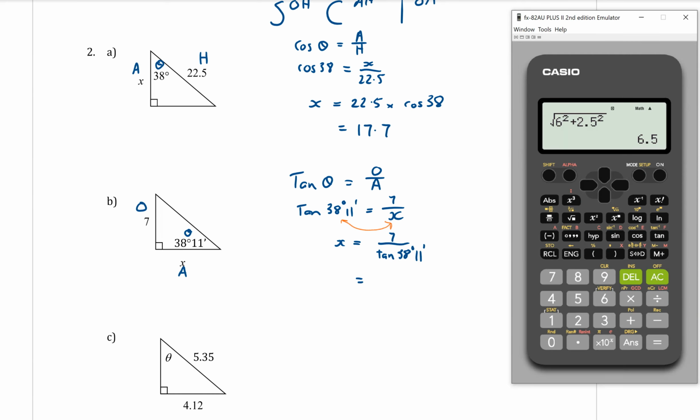You press 38 and your bubble button. Remember the bubble button? So this one here. And then you have to press 11 and press that bubble button again. You'll need to close the bracket. Okay, press equals 8.9.